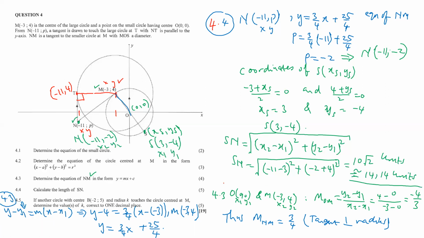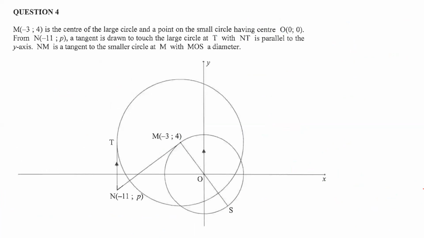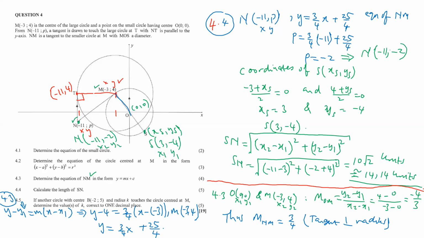Next, we continue. Right, we continue to do the next one, and we want to solve right now 4.5. We're reading the question right now. So if another circle with center B having coordinates -2, 5, and radius K touches the circle centered at M, having the values of K correct to 1 decimal place.